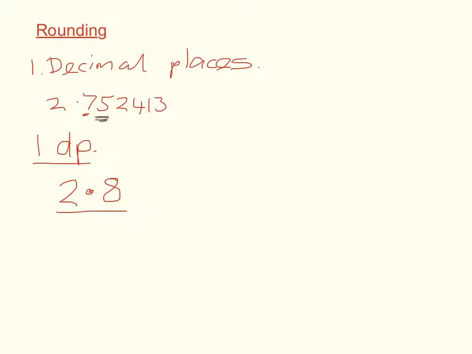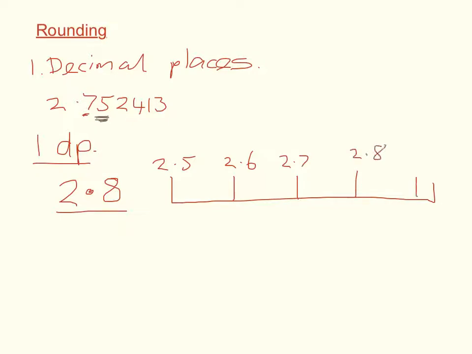And the reason that that's the case is because if I look at a number line, here's 2.5, here's 2.6, here's 2.7, here's 2.8, here's 2.9, and so on. If I take the number 2.75243 and put it on this number line, it will appear about there.